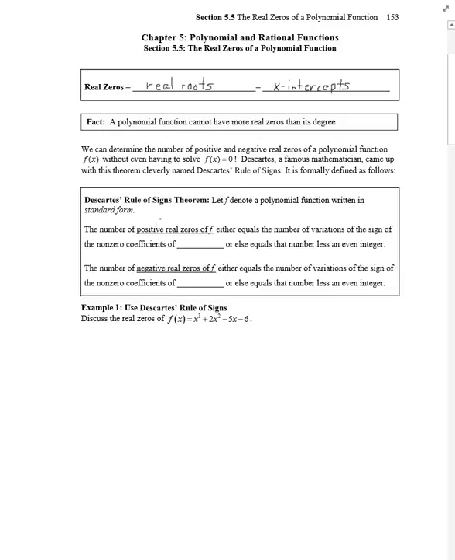But if we have a polynomial function written in standard form, which remember that's a sub n x to the n plus a sub n minus 1 x to the n minus 1 plus, and remember it just keeps going until we get a1 x, that's an x, guys, sorry, plus a sub 0, and that a sub 0 is the constant term.